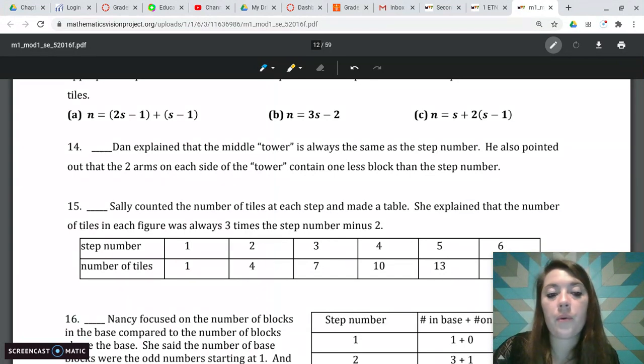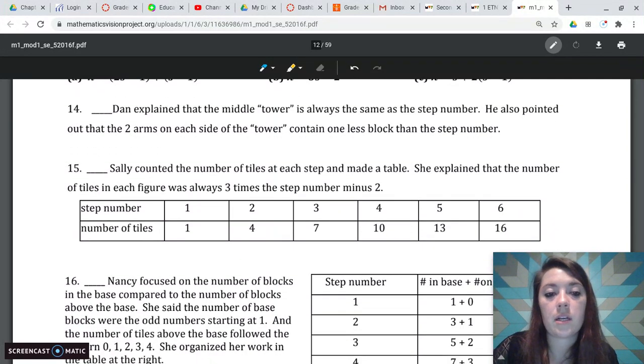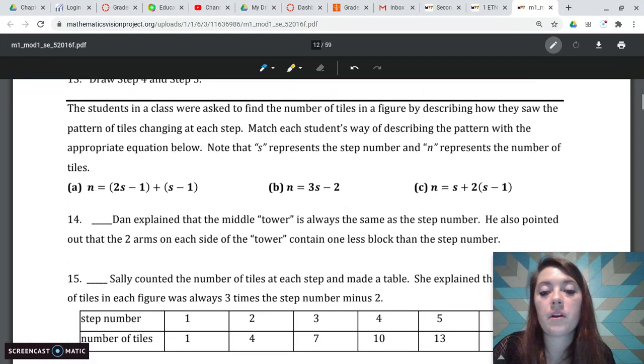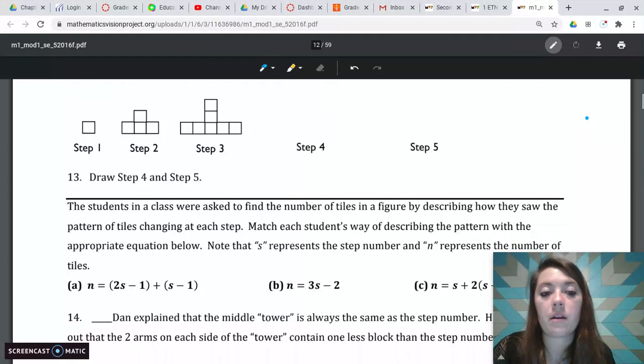So we've got 3 different students here. We've got Dan, Sally, and Nancy. So Dan explained that the middle tower is always the same as the step number. He also pointed out that the 2 arms on each side of the tower contain 1 less block than the step number. So we're referring to what's going on up here. So the middle tower, in step 1 we only have the 1 square, so it's not very helpful.